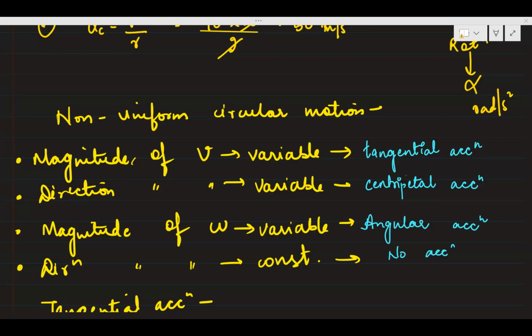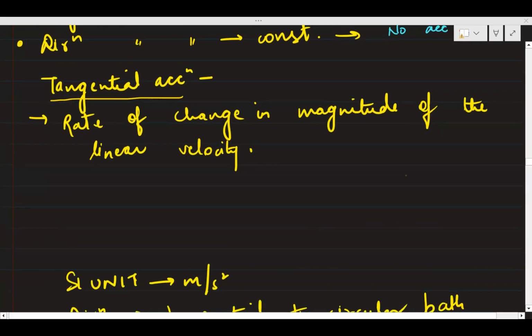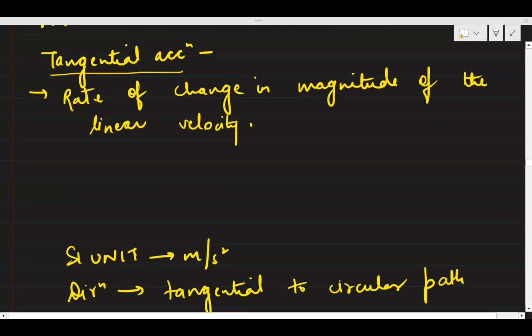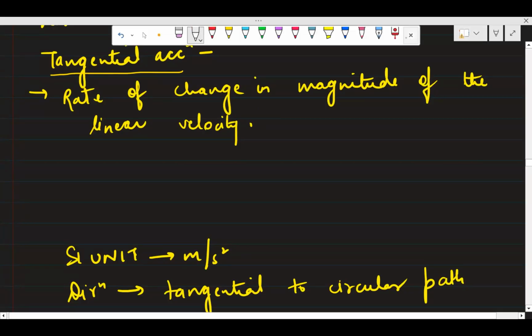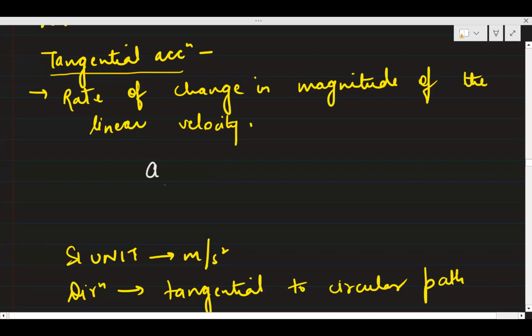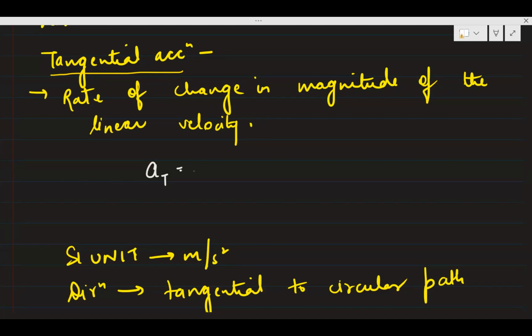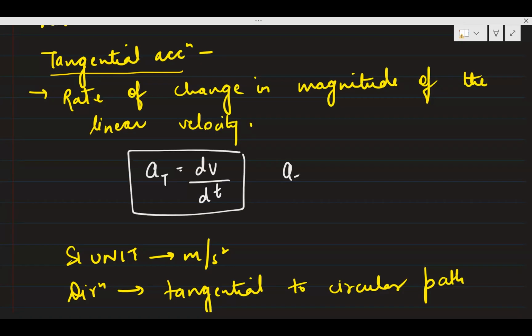And I'll be discussing tangential again because that time I didn't discuss it in detail. So the rate of change of magnitude of the linear velocity, when we talk about tangential acceleration, will be dv over dt. Or in fact, Humera, you can say this is delta v over delta t. This is the change in velocity by the change in time.